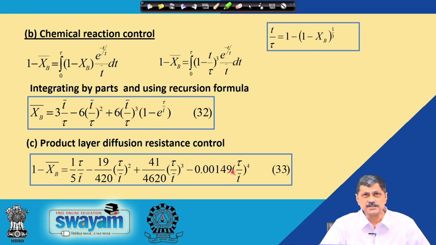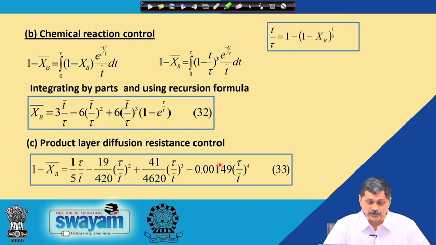If it is chemical reaction controlled, we know that 1 minus x b is 1 minus t by tau whole cube. So, this 1 minus x b is replaced by this, and using integration by parts and recursion formula we derived equation 32 for x b bar.